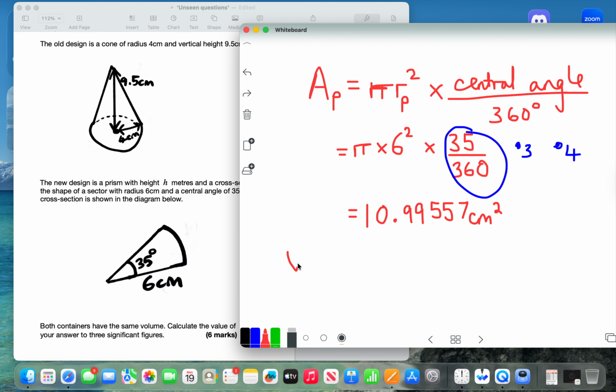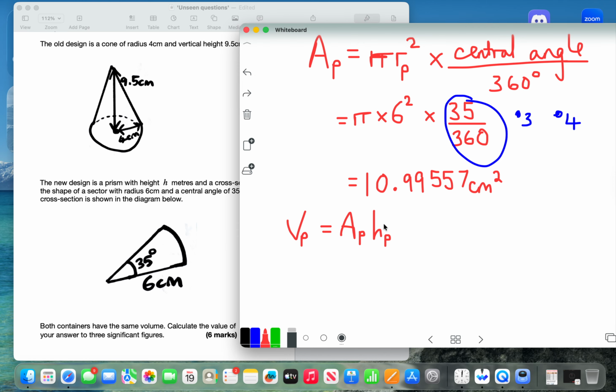We have VP equals AP times HP. Divide both sides by AP, the area of the cross section, to get HP, the height of the prism, on its own. Let's take H on its own to the left hand side and isolate it.